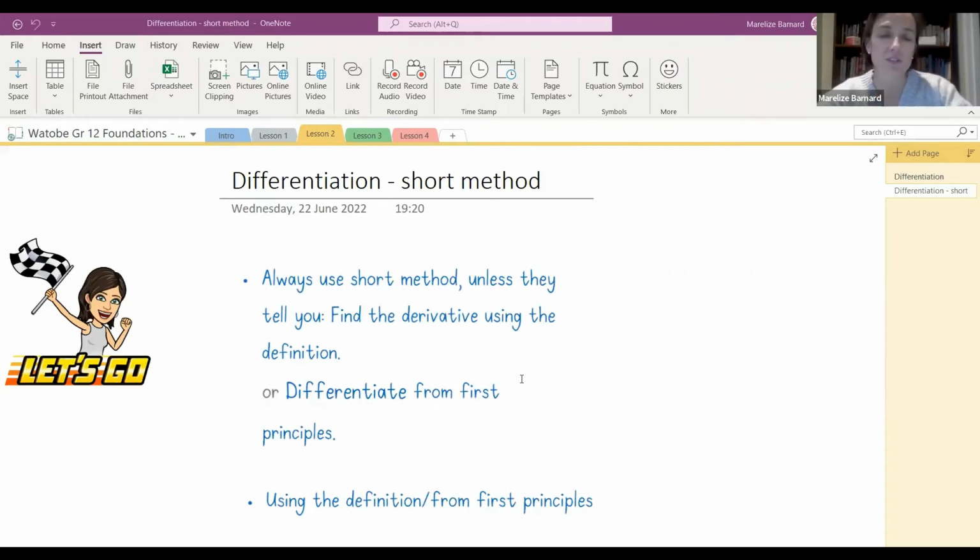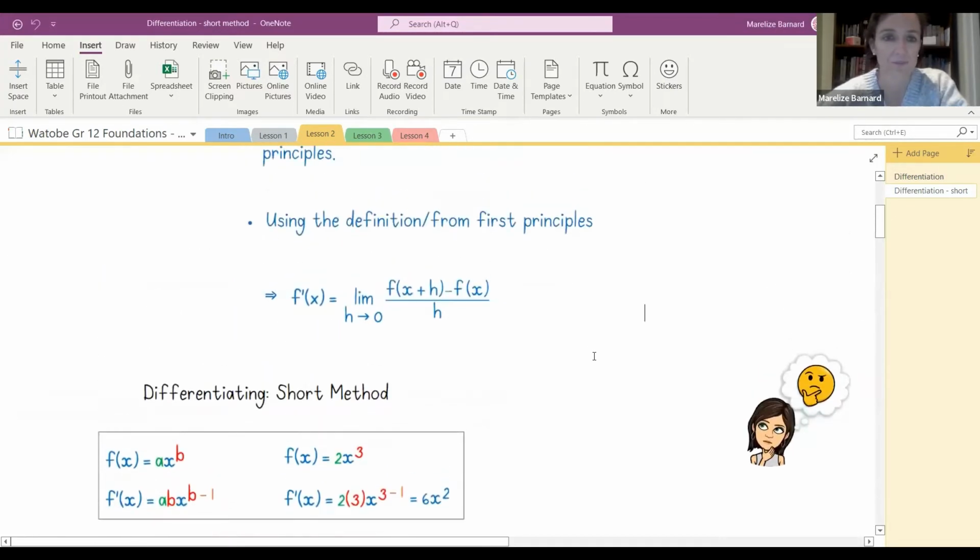You only use differentiation with first principles if you are told to. So in the final exam and in your prelim, you will get at least one question with first principles. But all the other questions where you're going to do differentiation, you're just going to use the short method. You guys saw how long that took and how much working out that was. So we're definitely not going to do that every time.